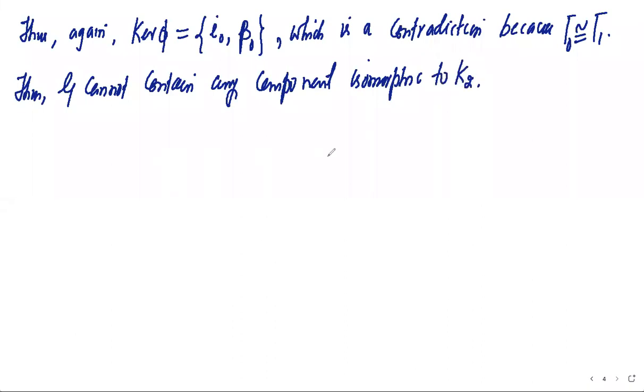Okay. So therefore we have clearly completely shown that G can contain at most one isolated vertex and cannot contain any component isomorphic to K2.